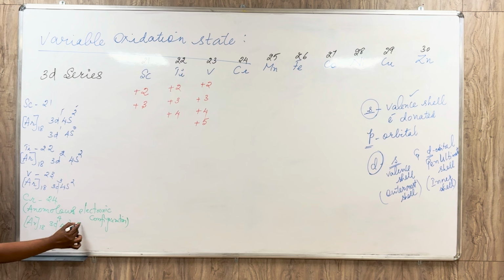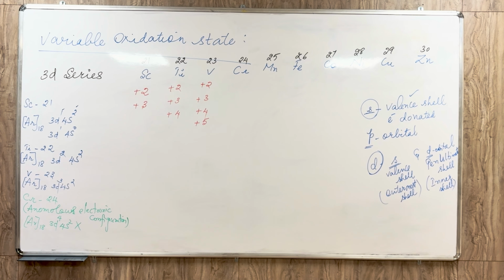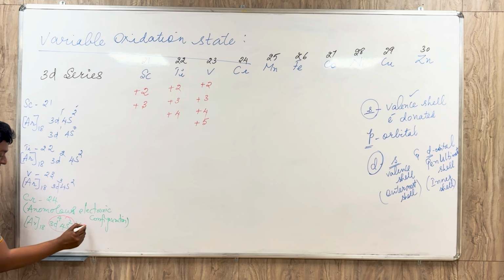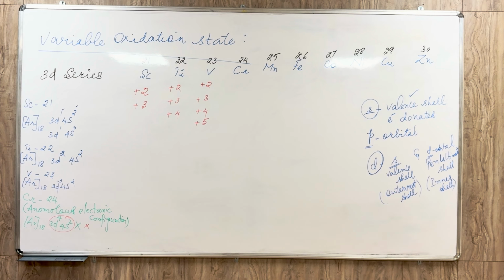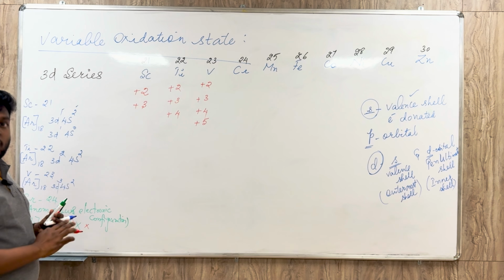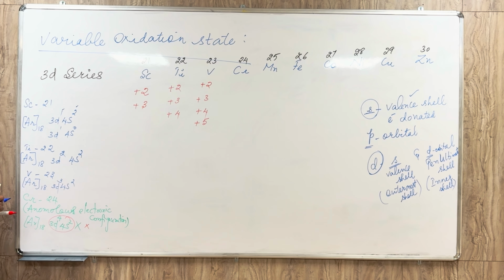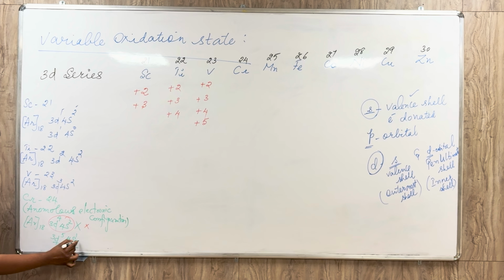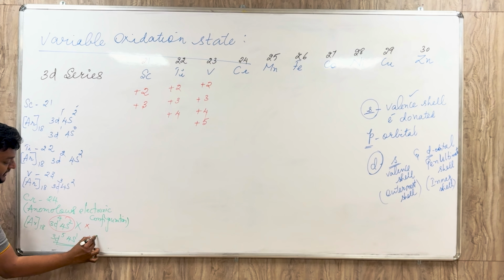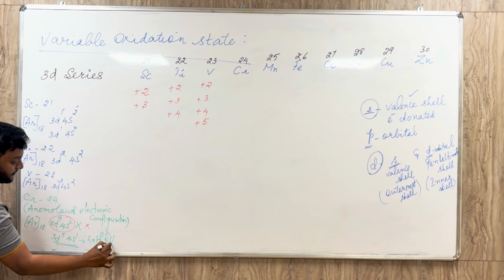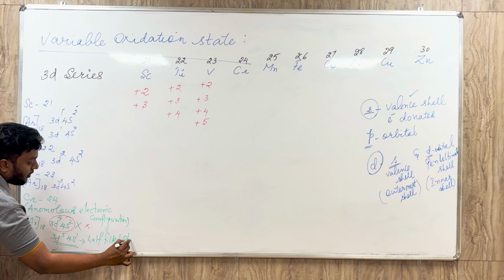But chromium will not exhibit this expected configuration. Instead, it exhibits the configuration where 3d becomes 5 and 4s becomes 1, in order to attain a half-filled, stable configuration.